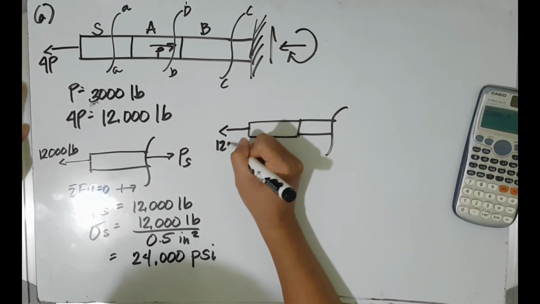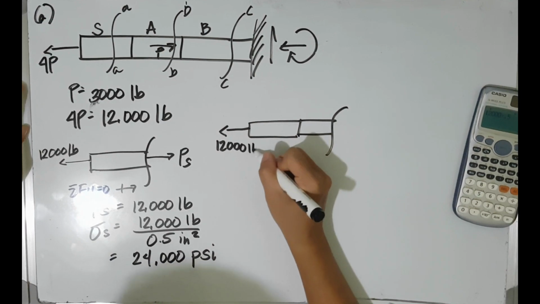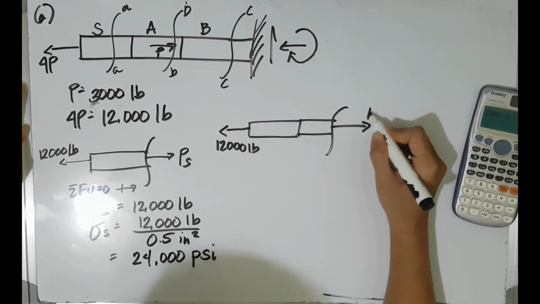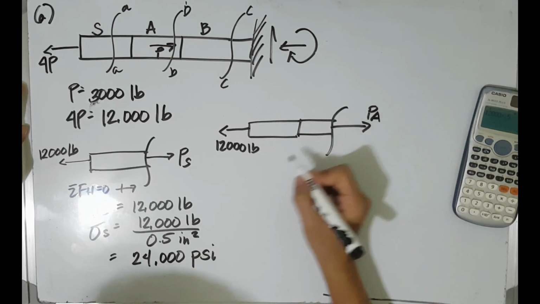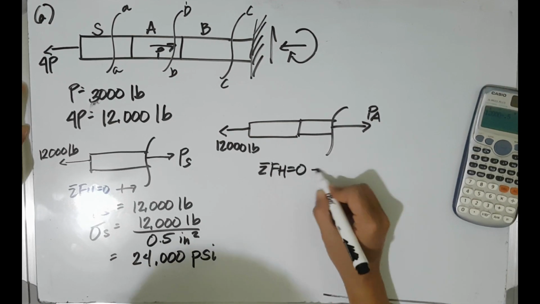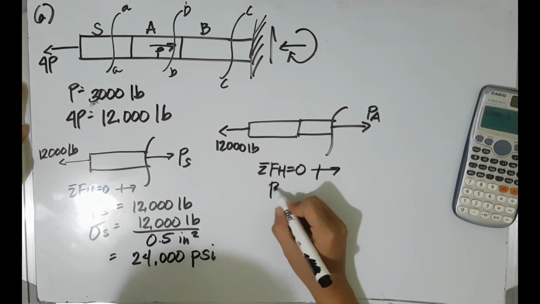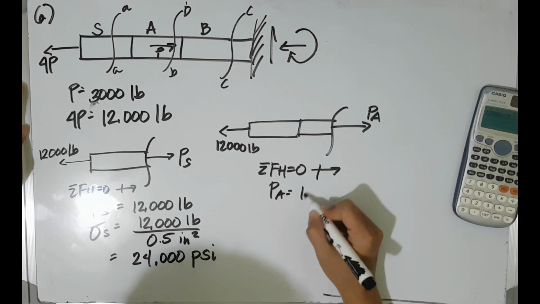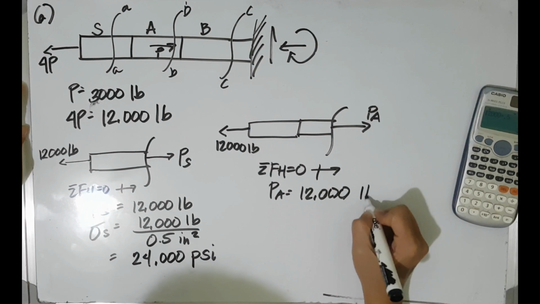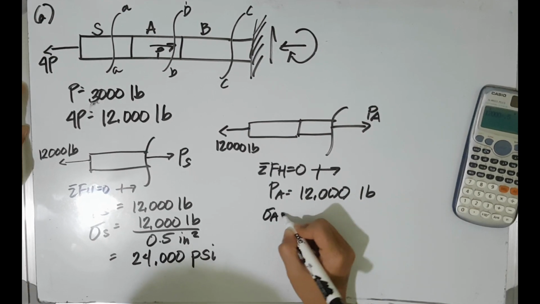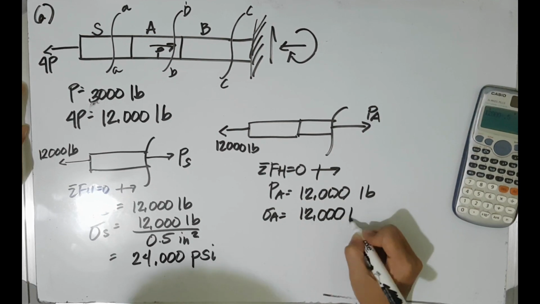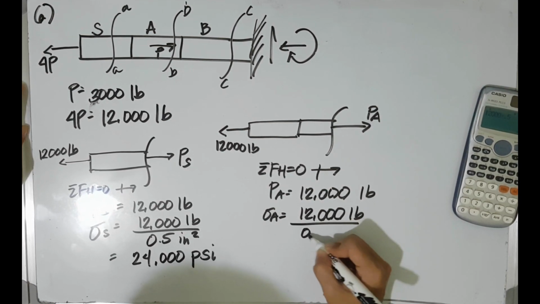And then doing the same procedure on the next section, the aluminum section, drawing the free body diagram. Taking the summation of forces equal to 0, right direction as positive. Therefore, our force at the aluminum section is also equal to 12,000 pounds.